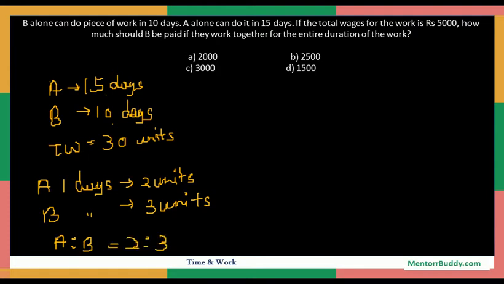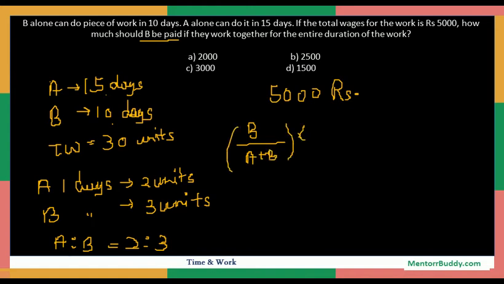Now the amount which needs to be divided is 5,000 rupees, right? So the question is, what is going to be B's share? B's share can be written as B's part upon the total part, that is of A and B, into the total amount.